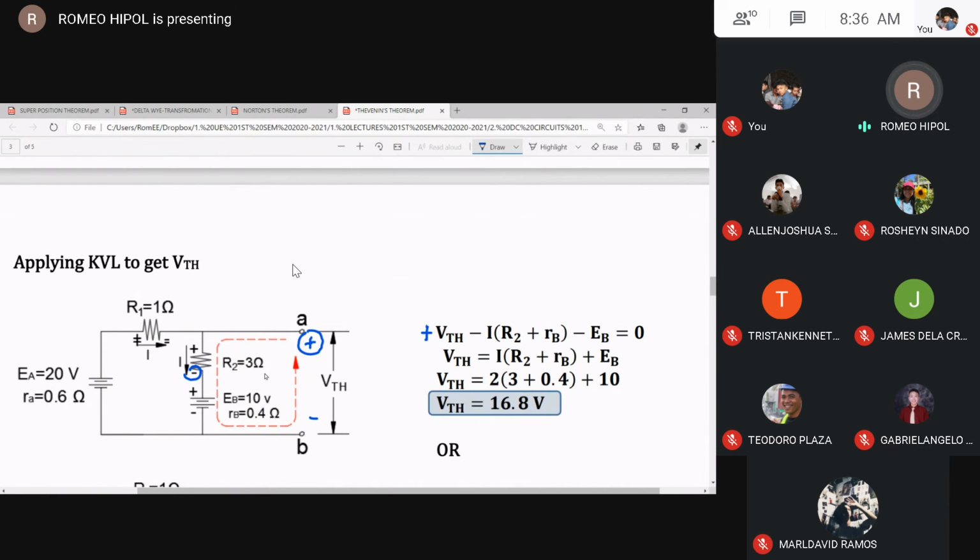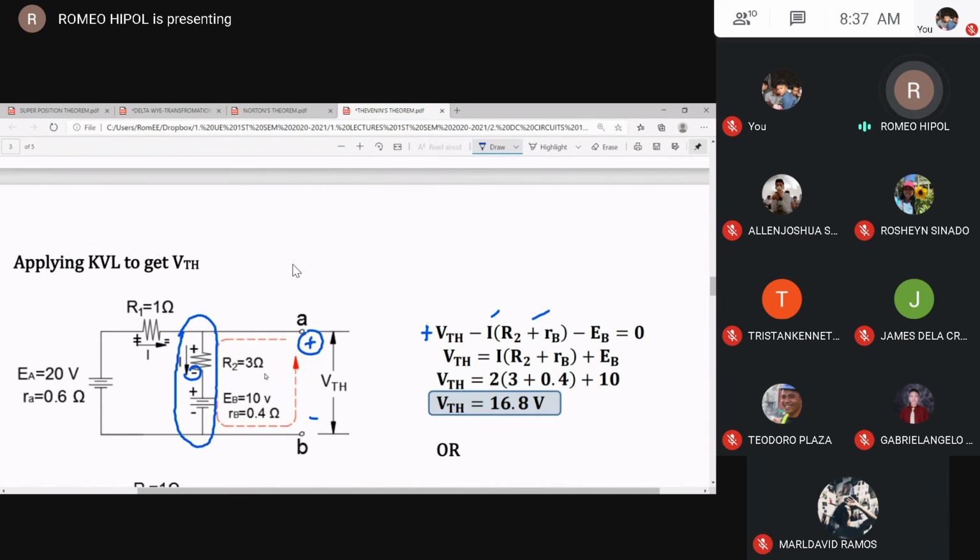So, we have a negative. Then, at this branch, considering this branch, di ba? We can take all the resistances, get the sum to get the equivalent voltage drop. So in this case, we have the series R2 and internal resistance 0.4. So pinagsama na natin.